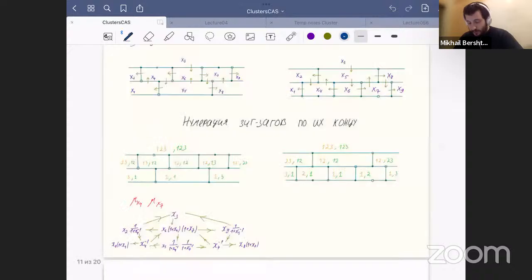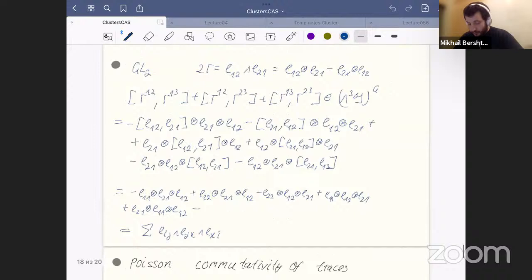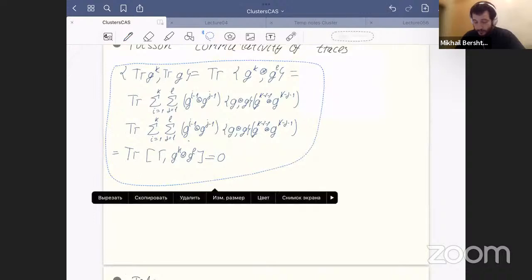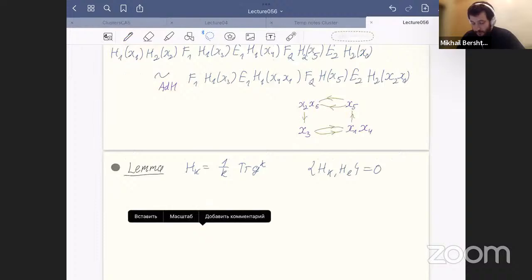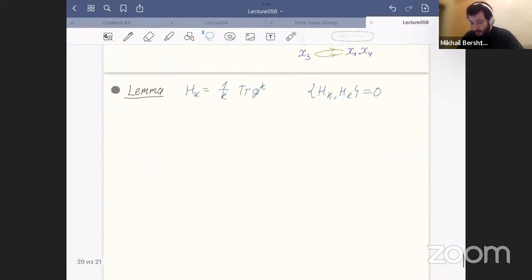And maybe for the speed, I will just copy a computation which is written here.